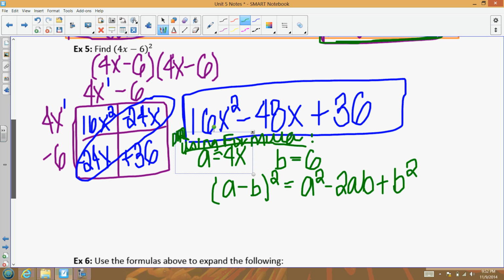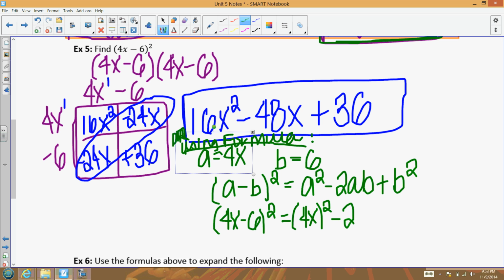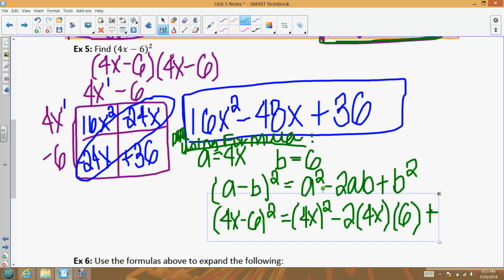So I have 4x minus 6 squared is equal to, well, a squared is 4x squared, minus 2 times a, which is 4x, times b, which is 6, plus b squared, which is 6 squared. And you wouldn't have to show all of the substitution. I'm just showing you so you can see where I'm getting things from. And then I would just simplify.